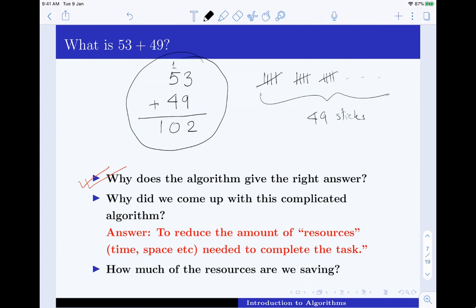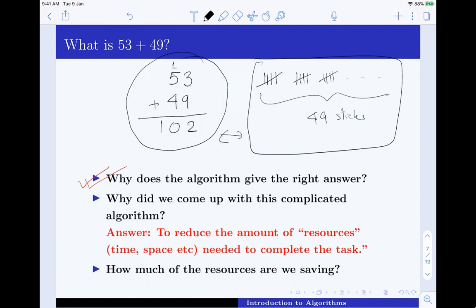But the main reason is that this technique of counting or adding up these two numbers is more complicated. Right? It takes a lot more resources. It takes a lot more time. So the difference between the algorithm on the right and the algorithm on the left is that one is taking more resources than the other.